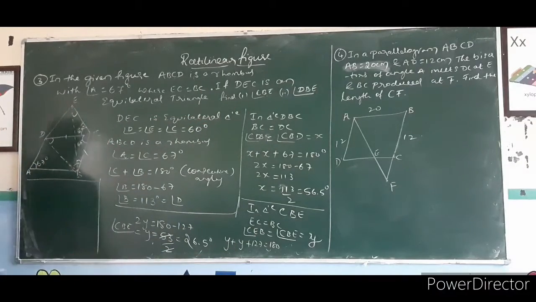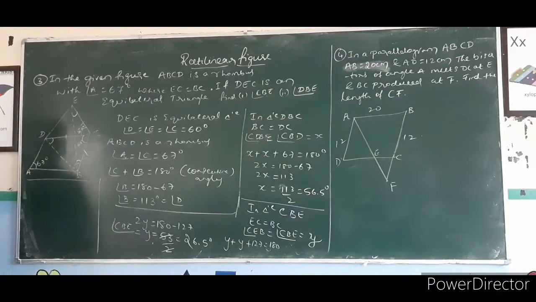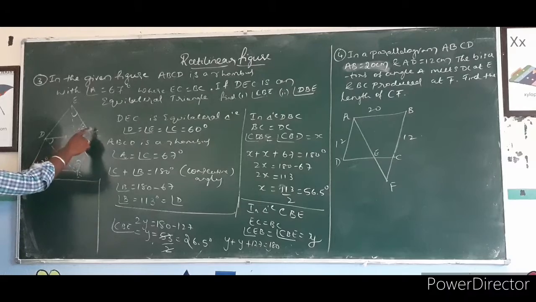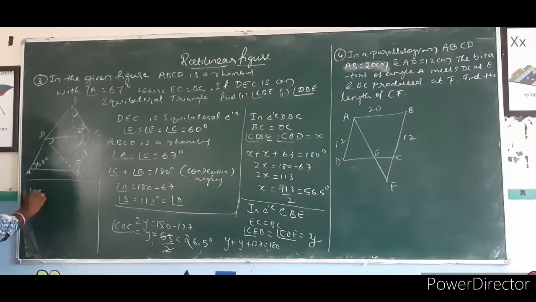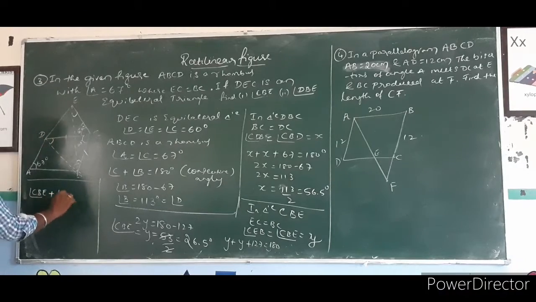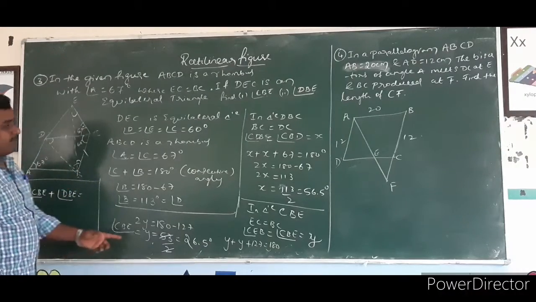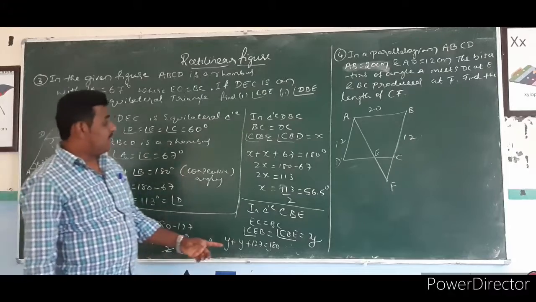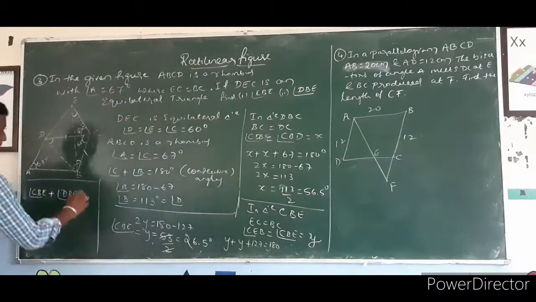Next, last step, what do we have to find out? DBE. For DBE, we should add the two angles CBE plus DBE. If you add these two angles, you will get DBC. We already found DBC. What is the value of DBC?